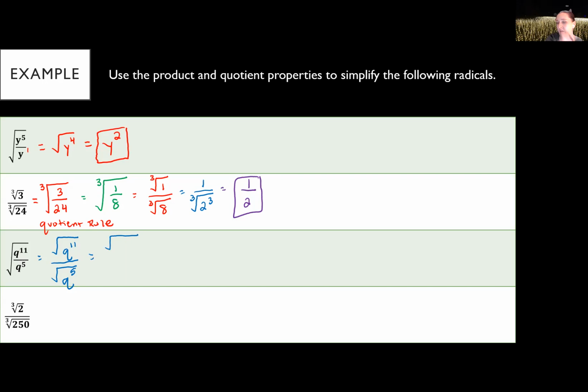So if I have q to the 11 and I have a square root, I want to make it divisible by 2. If I go down 1, that's 10. 10 can divide by 2. So I can split this up as q to the 10, and then I have an extra q to make it 11. And the same thing in the bottom. If I have q to the 5th, I can make it q to the 4th, and then an extra q to get 5 of them there.